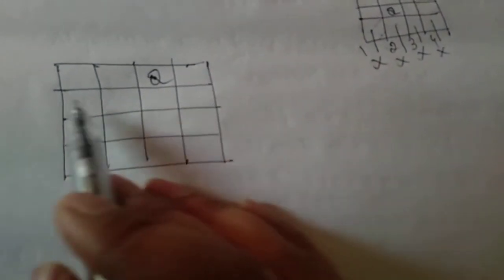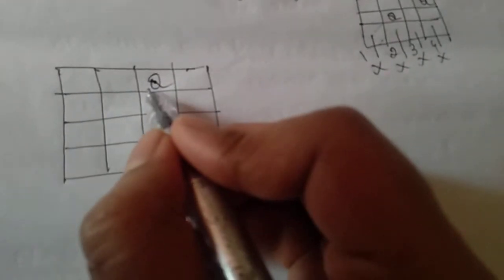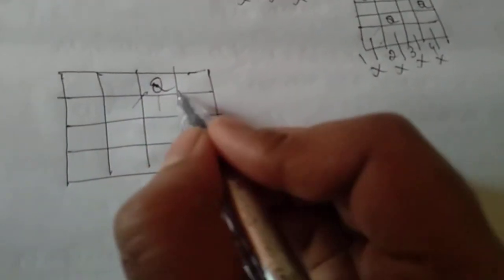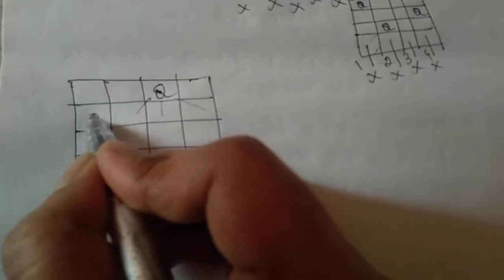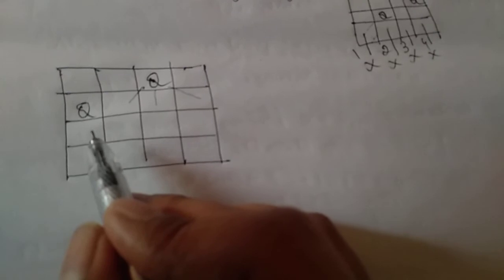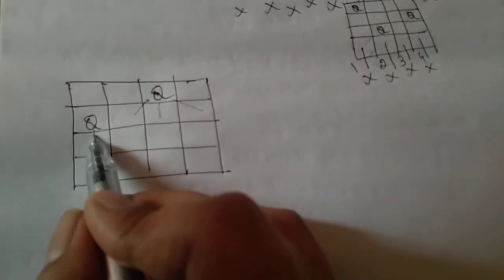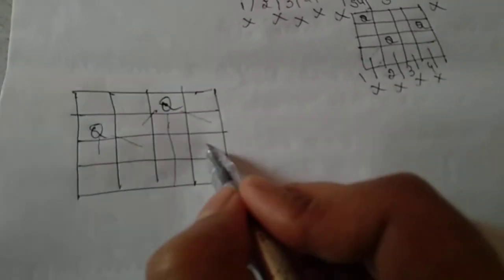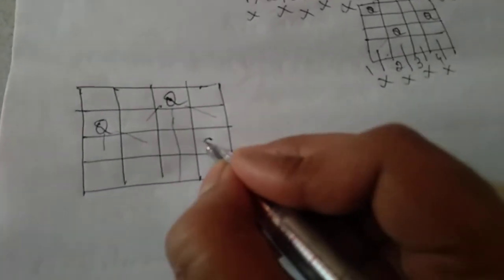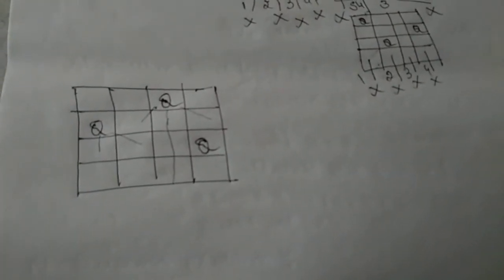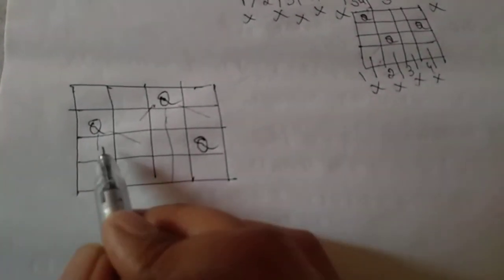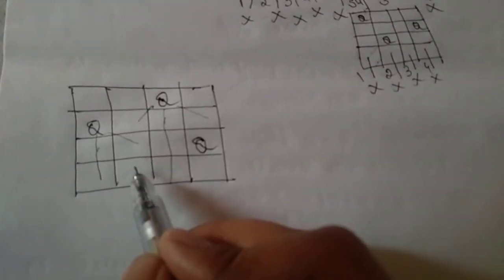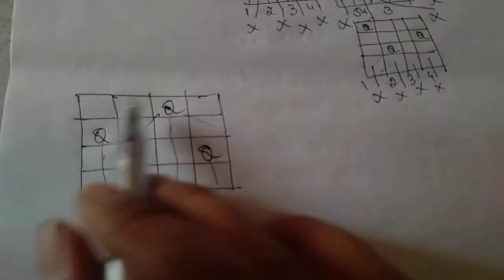For the second column, where I can place the Q, here I can't, here I can't, here I can't, but here I can place. Is it not? Yes. Then I'll search for third column. Here I can't place, here I can't place, this one here I can't place, but here it is possible. So I'll place here. For the fourth one, then here I cannot, here, yes, here I can, here I can't, here I can't. This is one more solution.